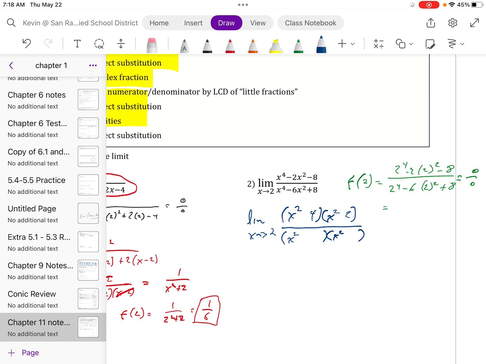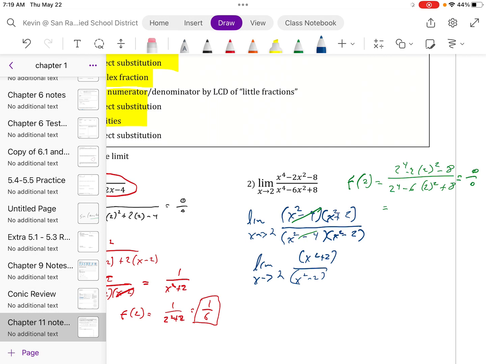And this is negative, positive. And this is also going to be 4 and 2. And these are both going to be negative. Okay, so again, helps if you know how to factor. Okay, and then after doing that, these cancel out. That leaves us with the limit as x approaches 2 of x squared plus 2 over x squared minus 2.